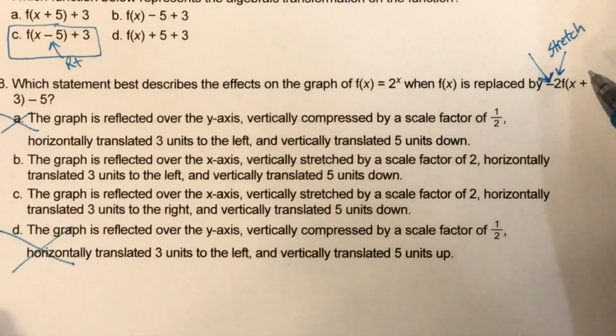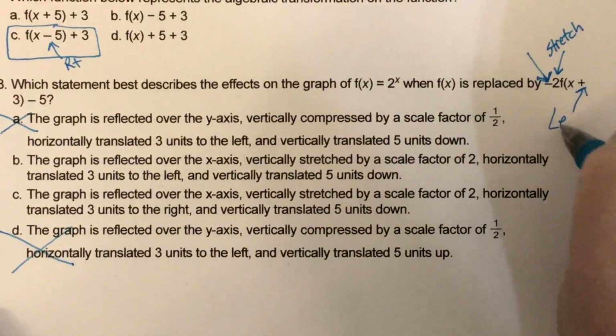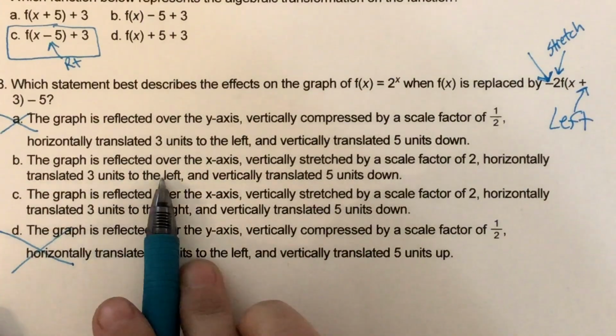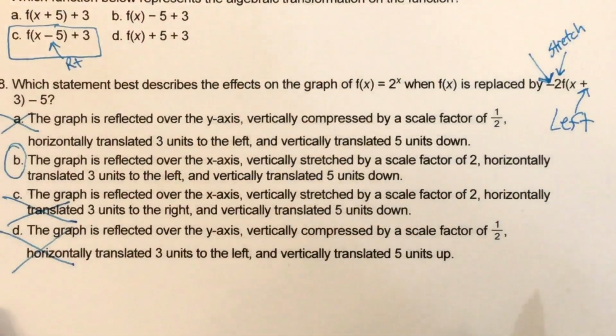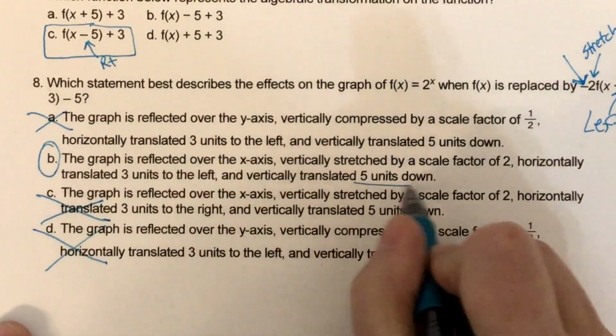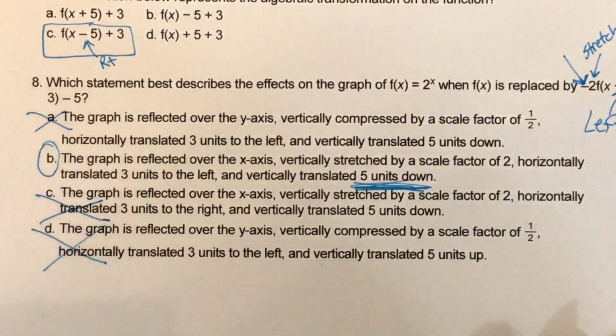So remember, parentheses is always left or right, but opposite of your thoughts. So plus makes it go left. So this graph is going to go left. So let's see, 3 to the left, 3 to the right. Oops, C's out, B's the winner. And of course, the -5 in the back makes the graph go down. Easy peasy lemon squeezy. We've been doing that stuff all year.